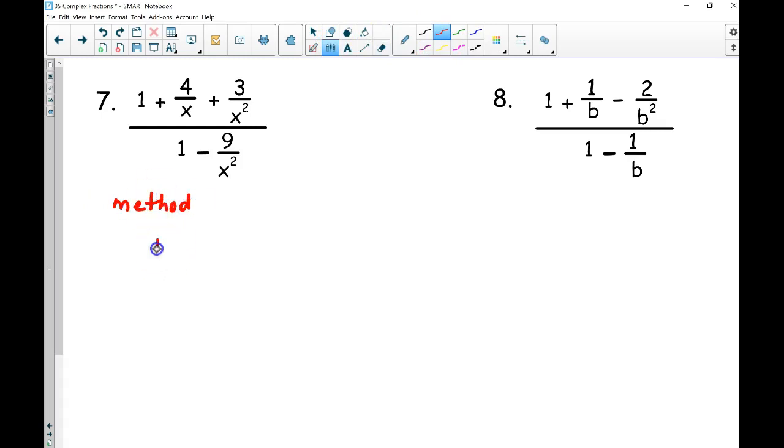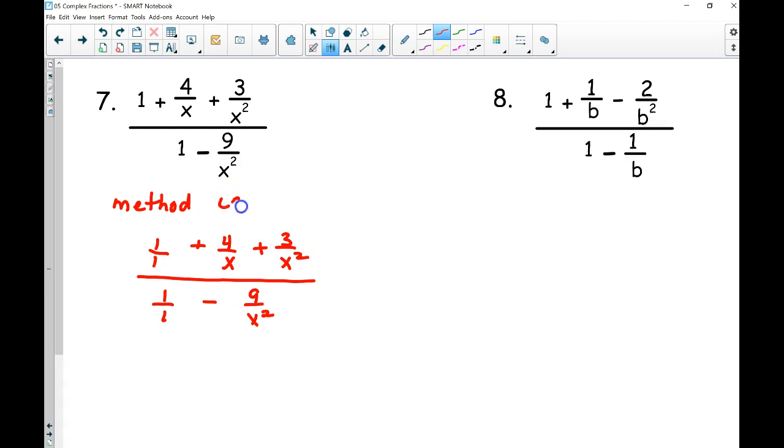And I'm just going to rewrite the problem where each term is expressed as a fraction. So that first one would be 1 over 1, and for the denominator, that first term would be 1 over 1 as well.